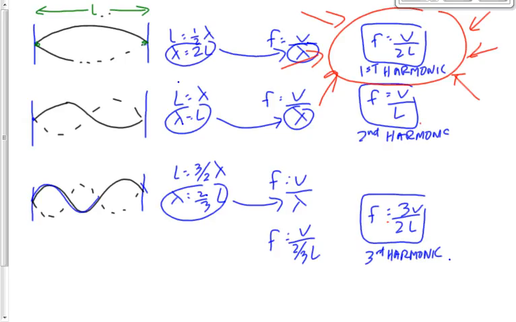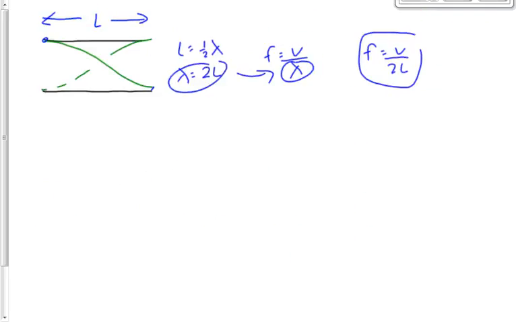It's not a coincidence. When both ends are the same, if it's both ends attached like a string or both ends open like a didgeridoo, then the first harmonic is V over 2L.